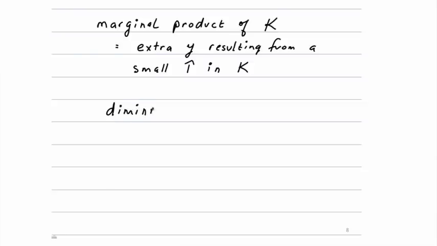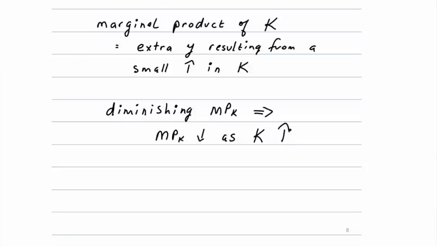When we speak of diminishing marginal product of capital, what we're essentially saying is the marginal product of capital, and I'll now use the shorthand notation MPK for marginal product of capital, declines as the amount of capital increases. Please don't get confused about this.